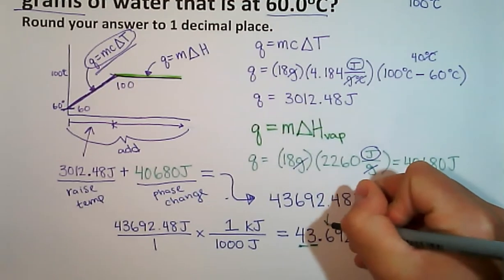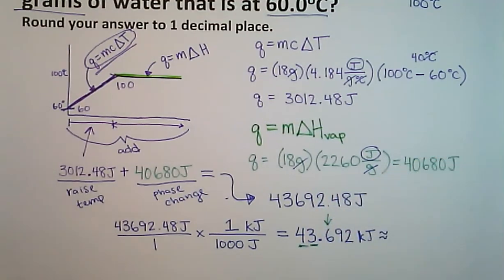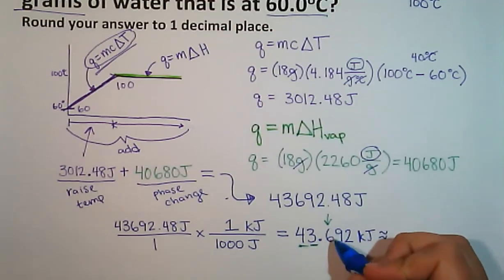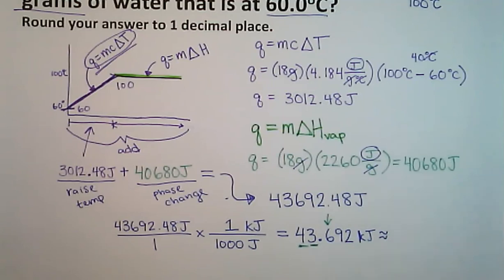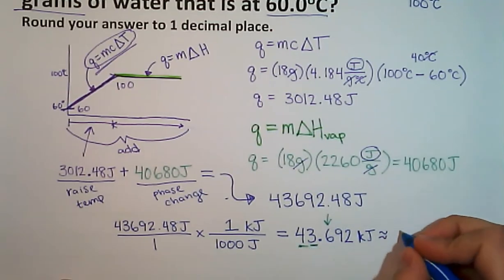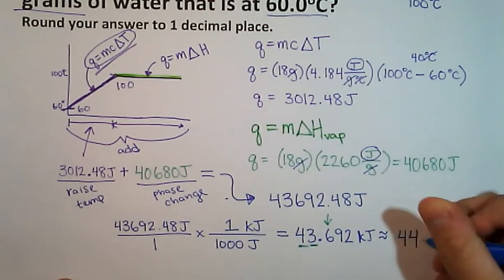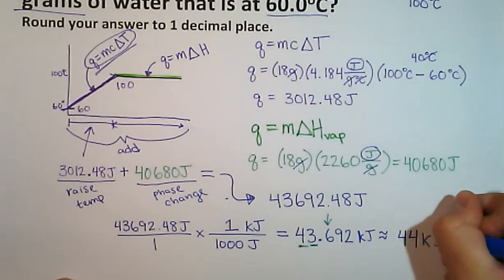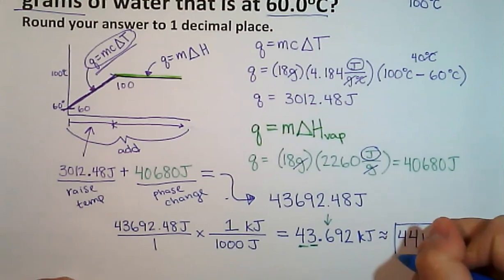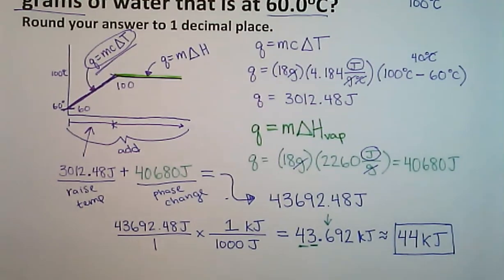And we're going to look at the 6 to know whether we round that 3 up or keep it a 3. 6 is bigger than 5. So we're going to round up to 44 kilojoules, which is our final answer to this problem.